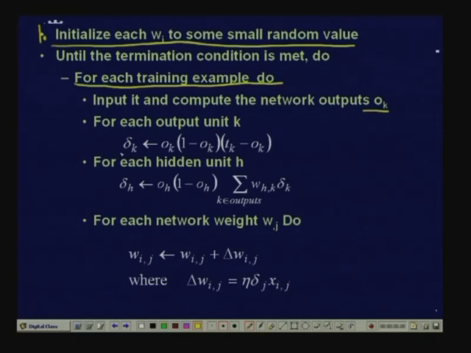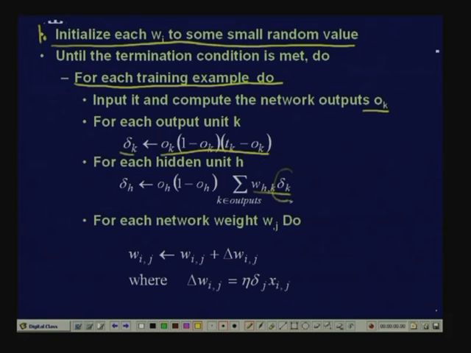For each output unit k, we compute delta k to be Ok times (1 minus Ok) times (Tk minus Ok). For each hidden unit h, we compute delta h to be Oh times (1 minus Oh) times sigma Whk delta k. So, you see that each hidden unit takes the burden of the sum of the errors at each of the output units to which it is connected.